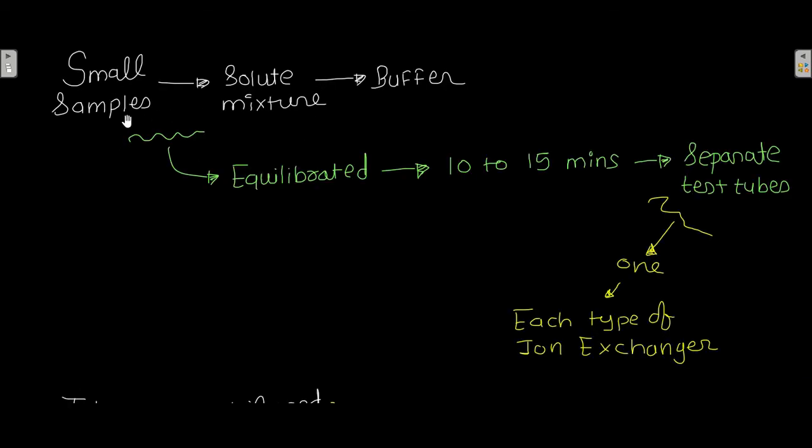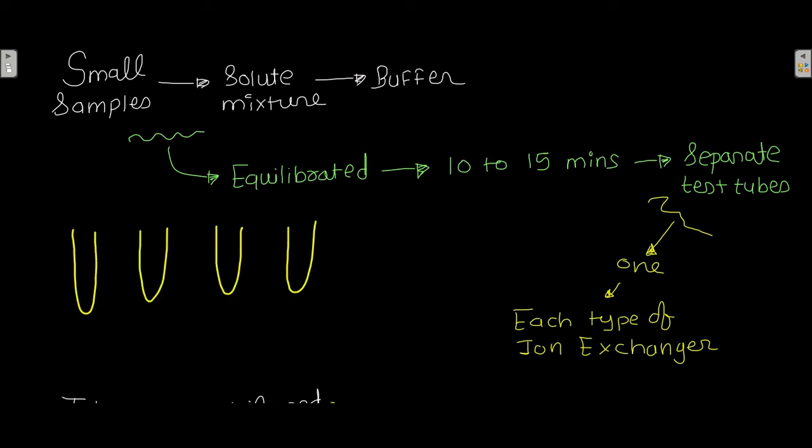Now how do you do that? Well, you take small samples of the solute mixture in a buffer and you equilibrate that for 10 to 15 minutes in separate test tubes, and these separate test tubes contain one of each type of ion exchanger.